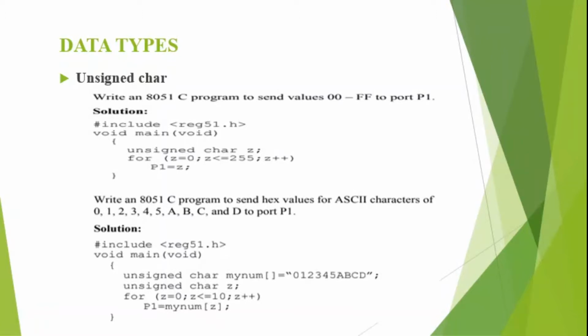We have 10 characters in the array mynum, so 10 ASCII characters are stored in the array mynum. The hex value of each ASCII character has to be sent to port 1. So we are using a for loop, and in each iteration of the for loop, z is incremented, and each time the ASCII character from the mynum array is accessed and its hex value is sent to port P1.